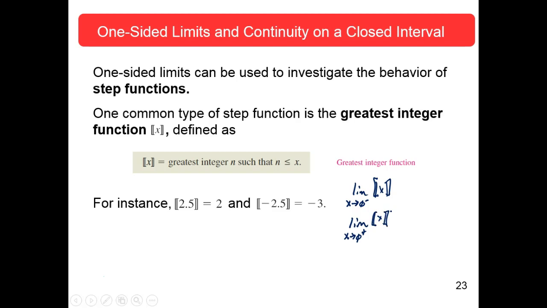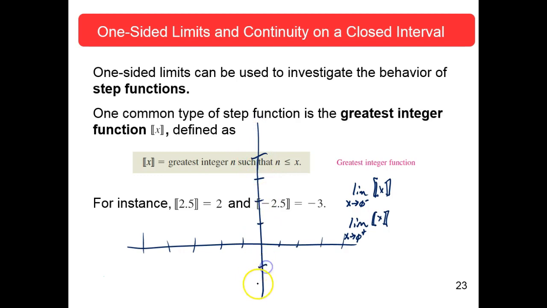Okay? Now, they graph it first, and let's just use some of the ones we just did. Here's 1, 2, 3, 4, and negative 1, 2, 3, 4, 5. Not good. Okay. Let's change this to a negative 1.5.